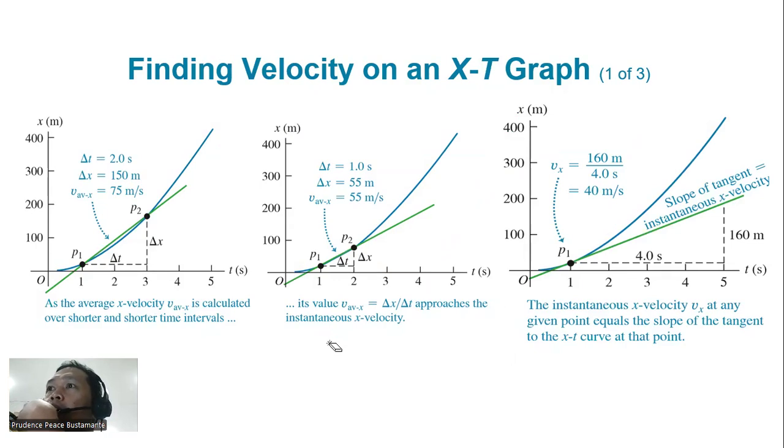If you look at the graph of the instantaneous velocity, it's actually tangent to the path. So if we make the time interval approach zero, so the interval becomes smaller, the slope becomes tangent to the path.